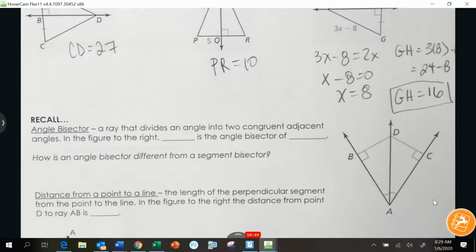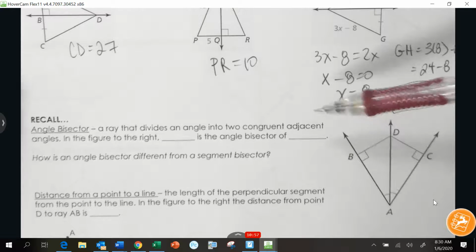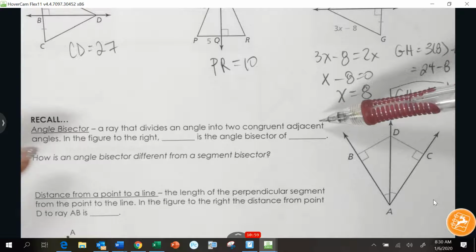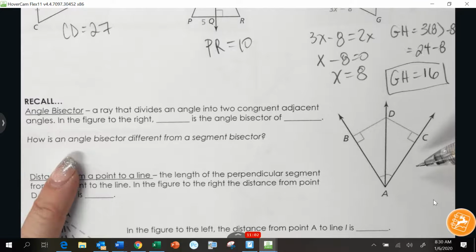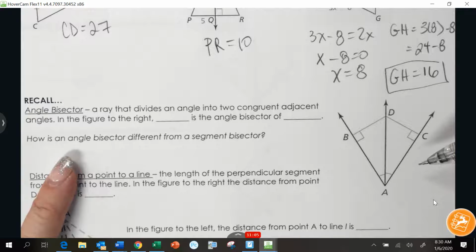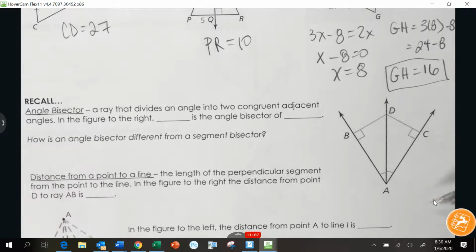All right, the other part of today is angle bisector. A ray that divides an angle into two congruent adjacent angles. In the figure to the right, blank is the angle bisector of blank. So in this picture, what is bisecting the angle?